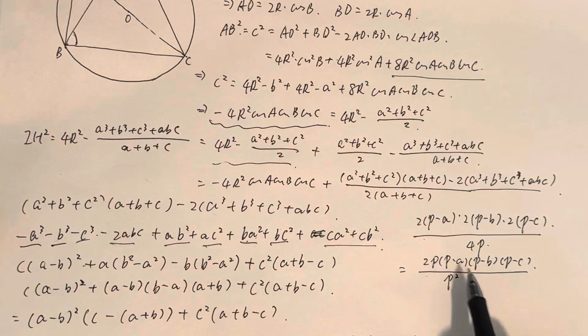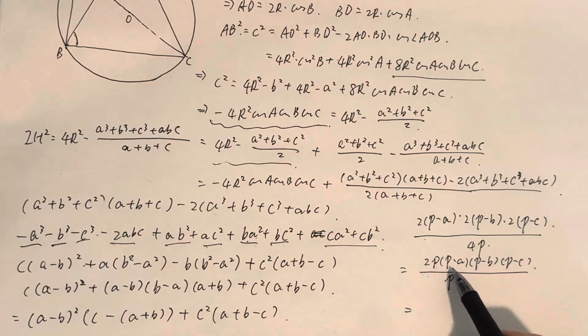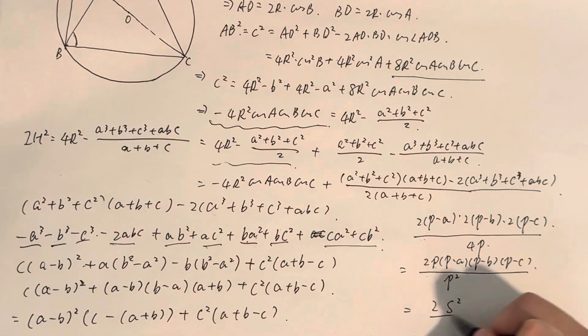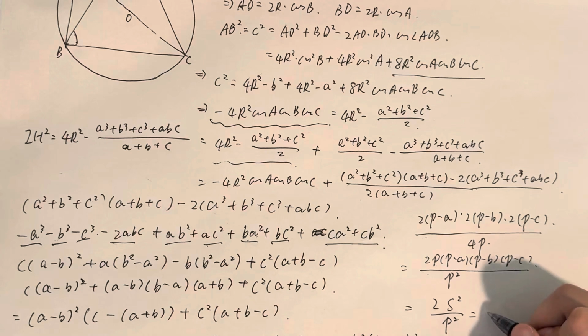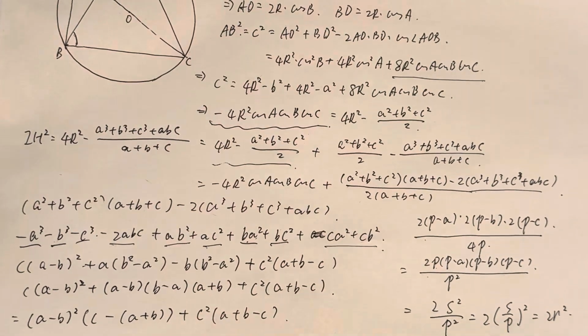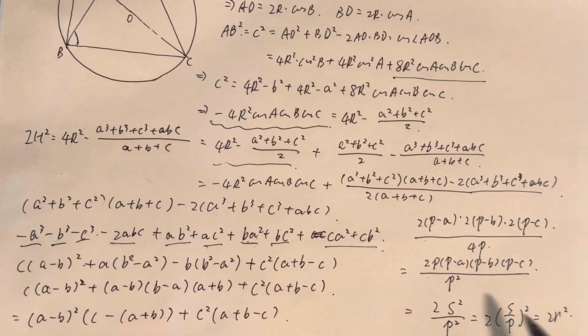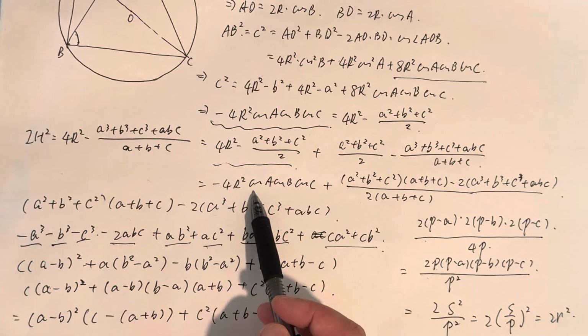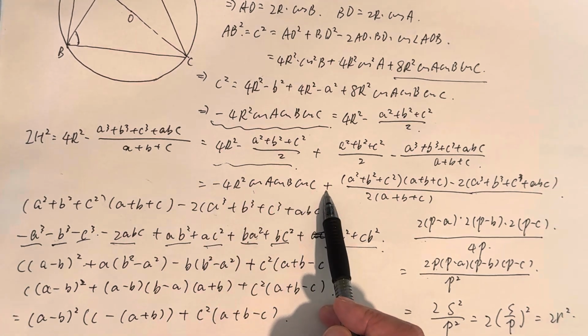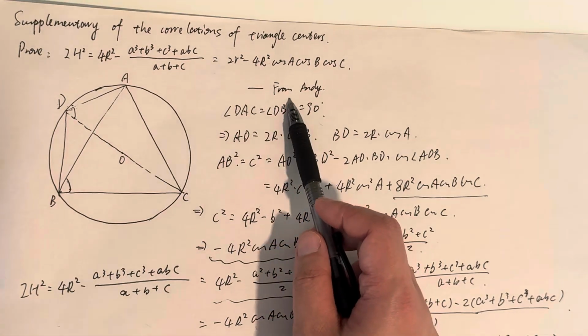I just multiply P on the denominator and numerator, so we can see this is S squared, right? So 2S squared over P squared equals twice of (S over P) squared, which is 2R squared. Okay, so we got 2R squared here. And we have minus 4R squared cosine A cosine B cosine C here. We combine these two terms, we get this one.